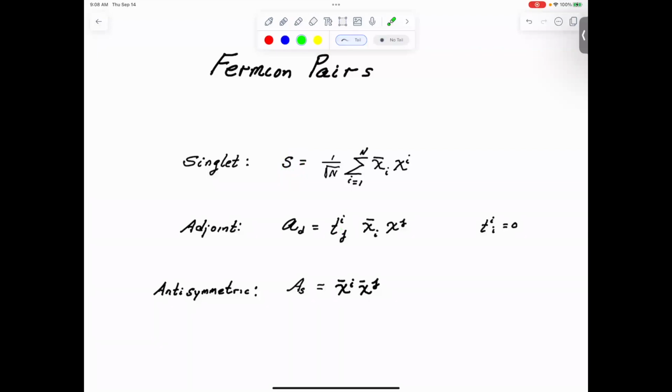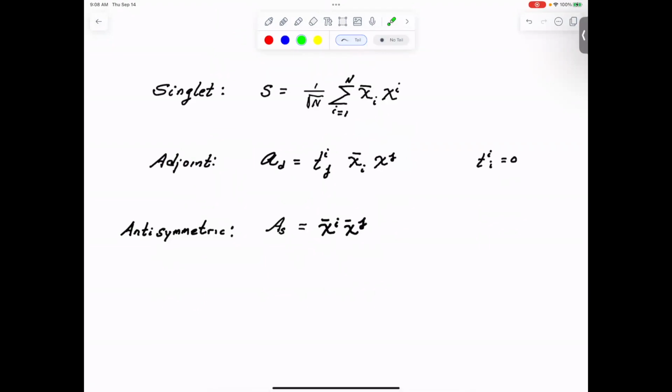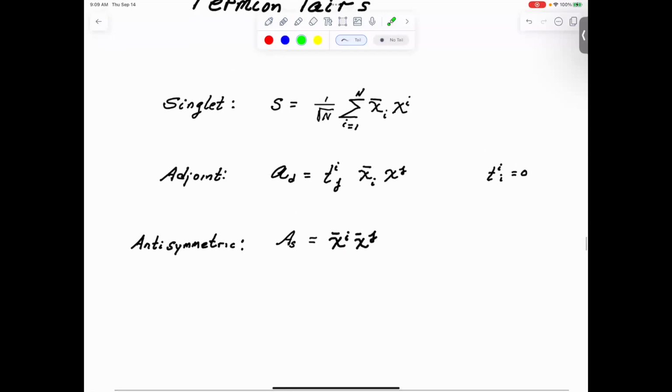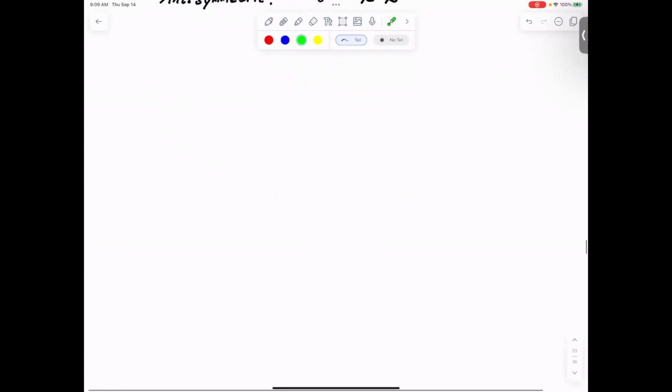That's something in the adjoint of SU(N). And then if I take fermion, fermion, or antifermion, antifermion, there are things in the antisymmetric product of two fundamentals, which also transform non-trivially under SU(N). The only thing which transforms trivially is the singlet. These others are non-trivial, in other words, they carry SU(N) quantum numbers.